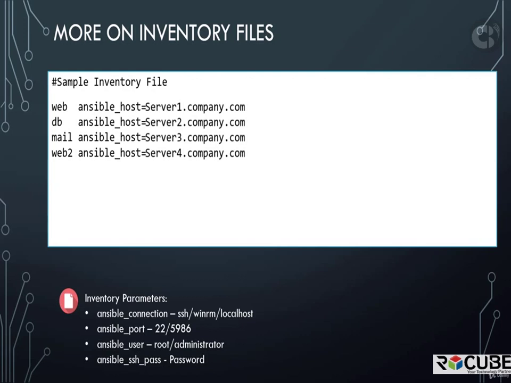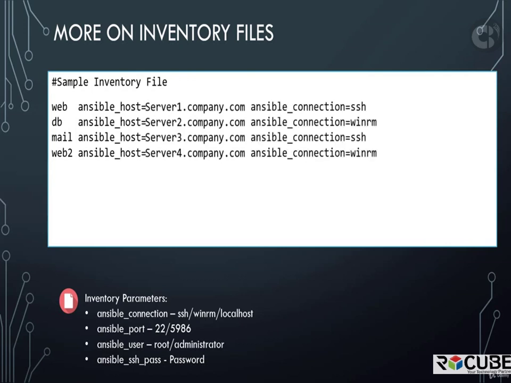Some of the other key inventory parameters are ansible_connection, ansible_port, ansible_user, and ansible_ssh_pass. ansible_connection is what defines how Ansible connects to the target server. As we discussed in the previous slide, is this an SSH connection to a Linux server or a WinRM connection to a Windows server?